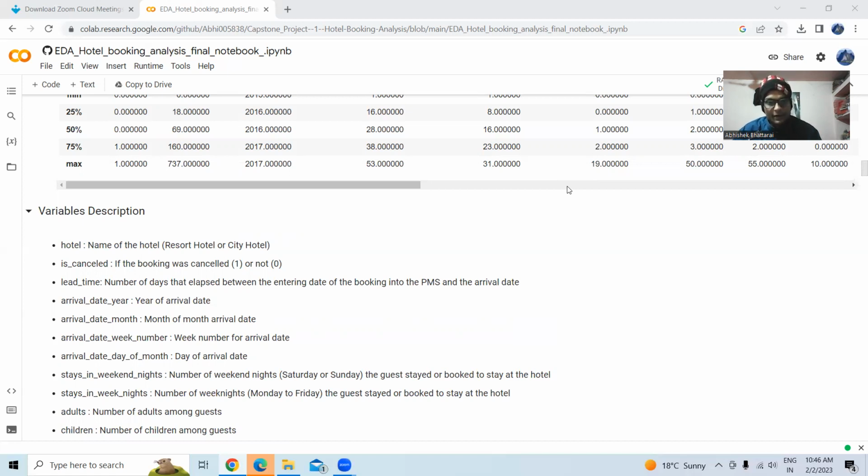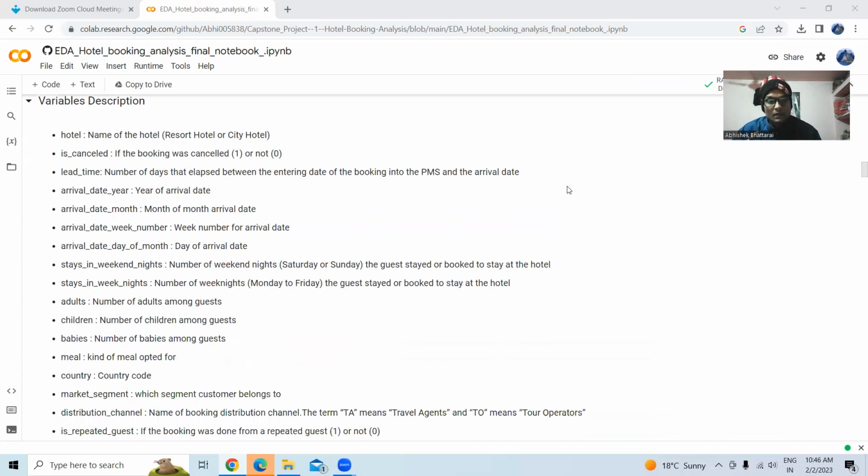Arrival date year, arrival date month, arrival date week number, arrival date day of month. Stays in weekend nights: number of weekend nights, Saturday to Sunday, the guest stayed or booked to stay at the hotel. Stays in week nights: number of week nights, Monday to Friday, the guest stayed or booked to stay at the hotel.